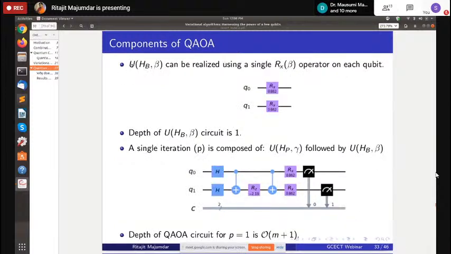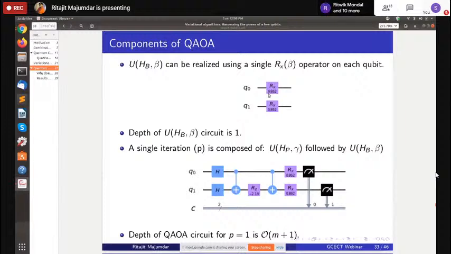Third is this UHP beta. What these do will come next, the intuitions for having these operators. But UHP beta can be realized using a single Rx operator. This is again a parameterized operator, rotation along the x-axis with beta as the parameter, and it is acting on each and every qubit.